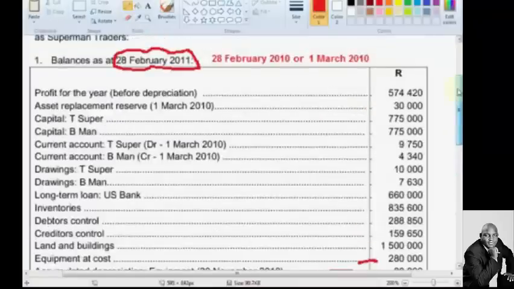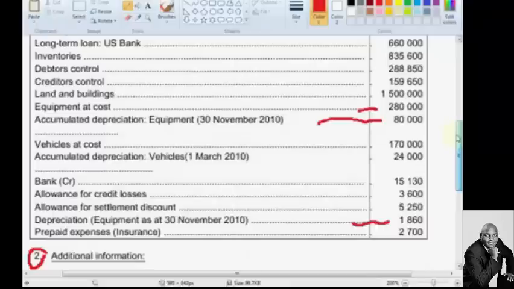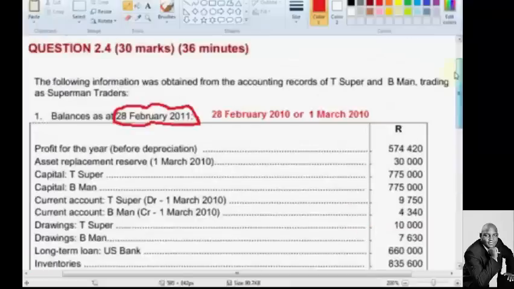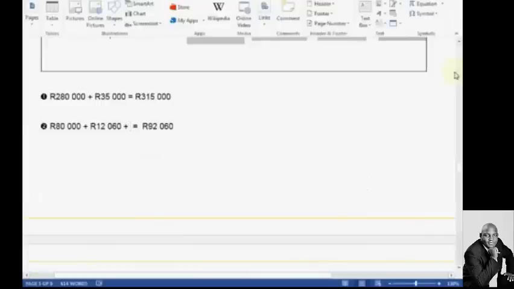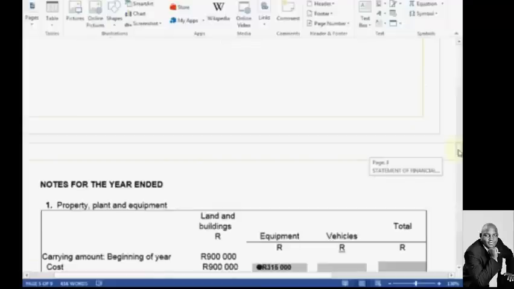We also need to add that, because our date of interest is before the 28th of Feb, and that was after, so we need to add it back. So 92,060 plus 1,860 equals 93,920.